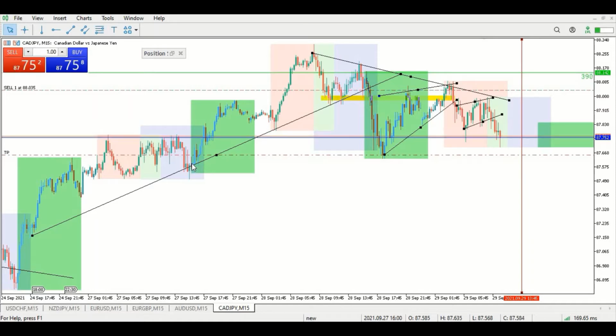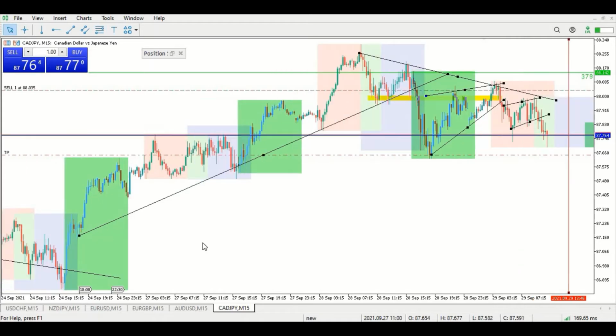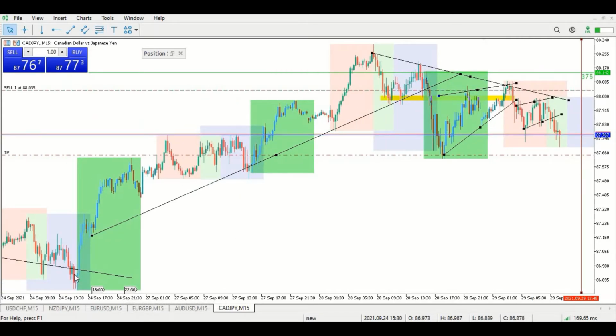Price, like the New York session open, and then price soon after that went straight to the upside, right? You can even check for a previous example. Similar thing happened right there, right? The New York session opened, and then price soon after that just went all the way to the upside, right?